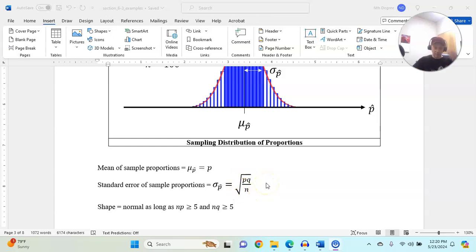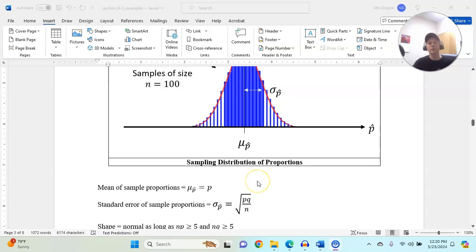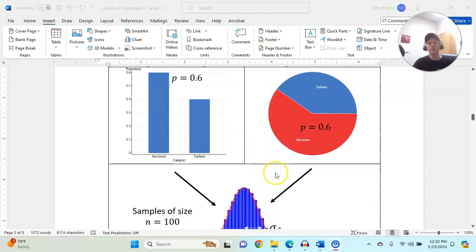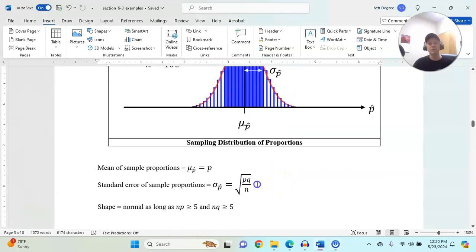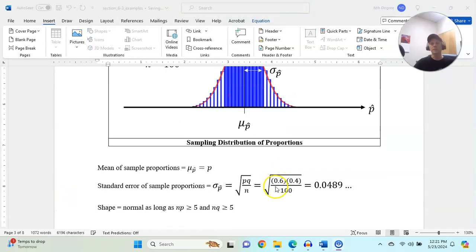You're going to have to plug numbers in for those letters in your formulas. So in our example, let's see, what did we say P, Q, and N were again? Yeah, so in our example, P was 0.6, therefore Q is 0.4. The sample size is 100, and you can just calculate this on an ordinary handheld calculator. And the first few digits you'll find are 0.0489 if you do that correctly.